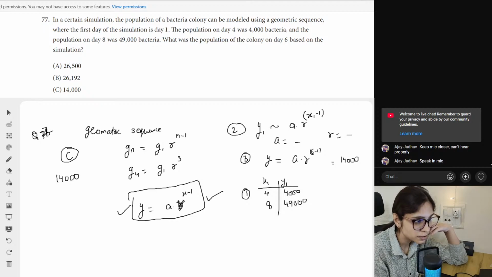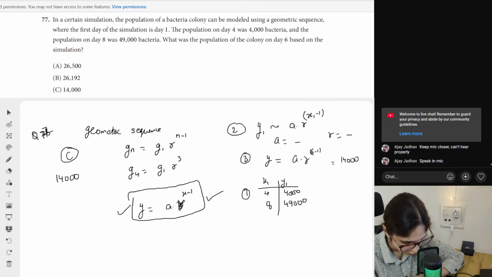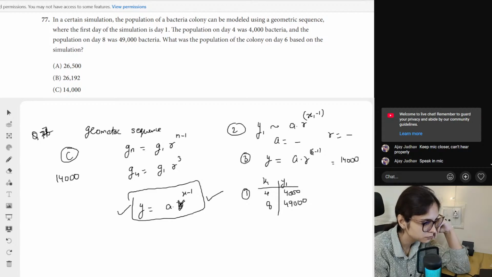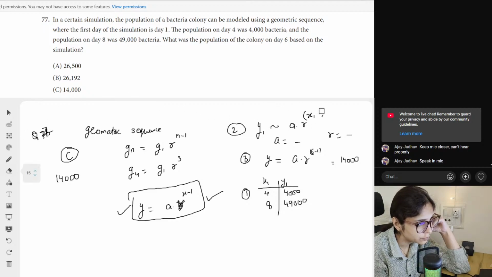By using the regression, because calculator is allowed, by using the regression modeling, you can directly get the equation. And if you're using a normal calculator, a times r to the power x1 minus 1 will not be available. Then you'll have to do a times r to the power x1, like exponential.